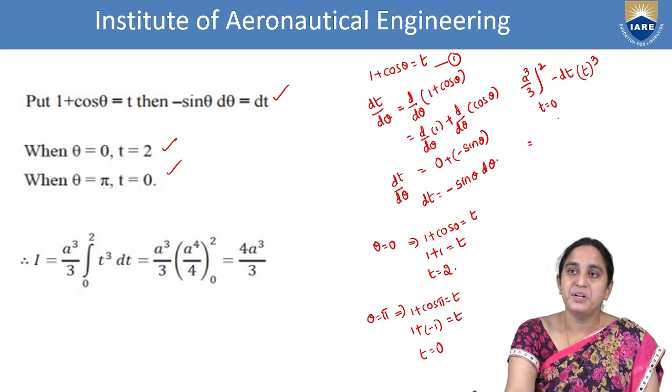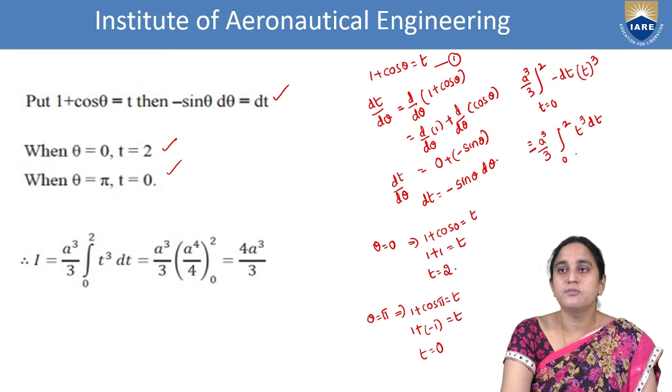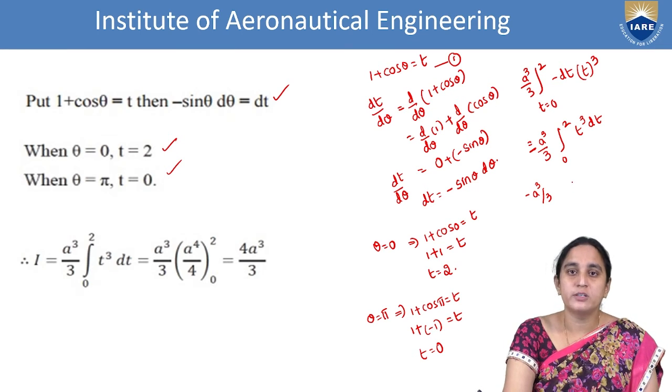After substituting all, it is converted simply in terms of t. Now integrate with respect to t: a cube by 3 into the integral, with the minus taken outside, from 0 to 2 of t cube dt. What is the formula for the integral of t cube? It is of the form x power n, whose integral is x power n plus 1 by n plus 1.